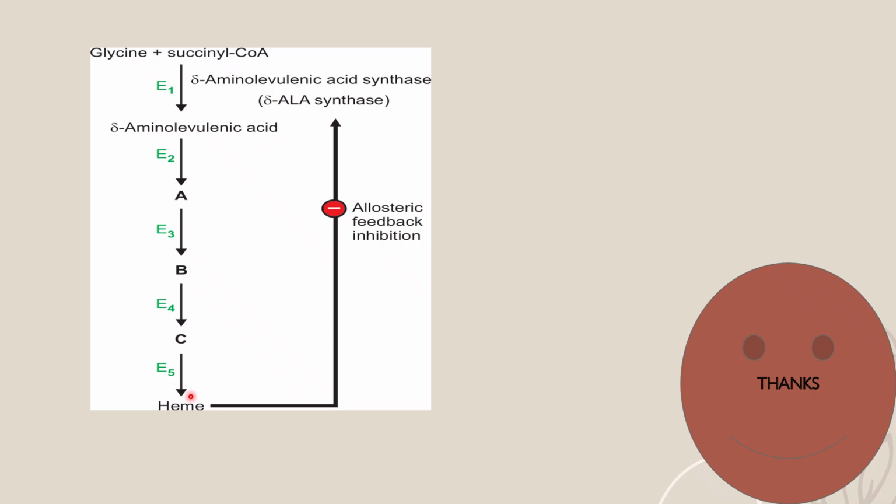Further, after a cascade of reactions, after many steps, it converts into heme. Once heme is formed in appropriate quantities, through allosteric feedback inhibition, it will inhibit the activity of this enzyme, ALA synthase. So this is the example of negative allosteric regulation.